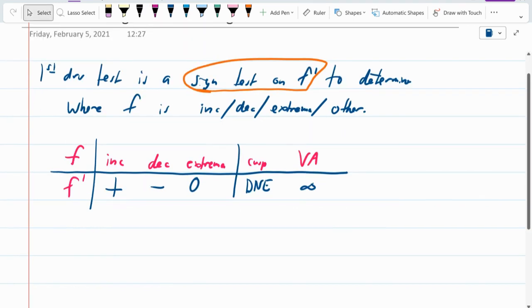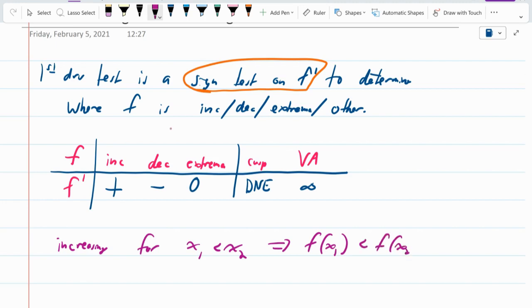So let's define what we mean by increasing. The formal definition for increasing is that for any x1 less than x2, this implies that f of x sub 1 is less than f of x sub 2.